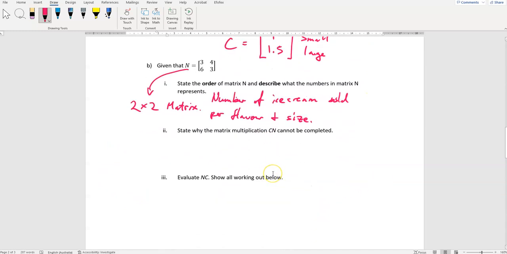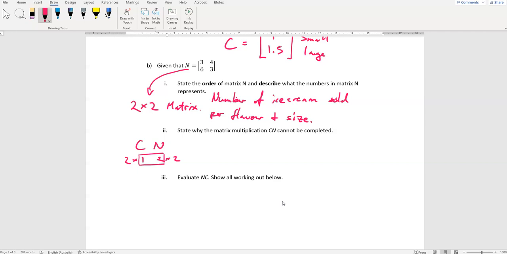20 minutes. Now state why the matrix multiplication Cn cannot be completed. So matrix Cn. Why can't it be completed? Well, demonstrate that it can't be by doing it like this. C is a 2 by 1 matrix. N is a 2 by 2 matrix. Now these two numbers in the middle are not the same. So they are of incompatible order.